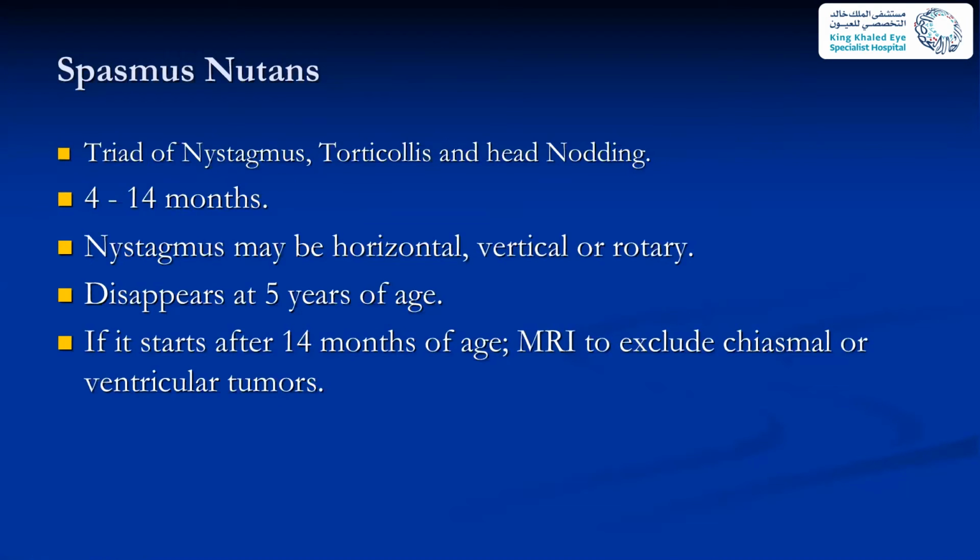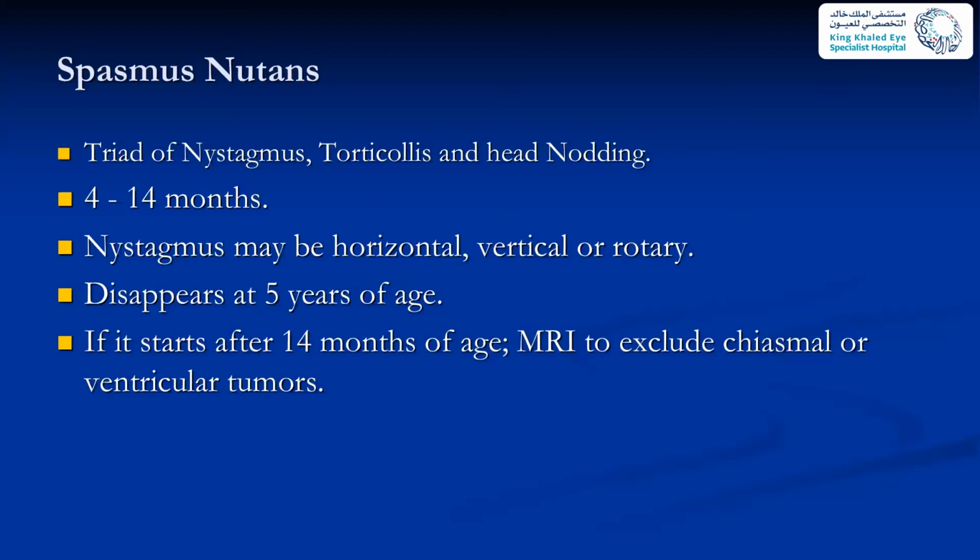There is another entity, sometimes hard to classify as acquired versus congenital nystagmus, which is Spasmus Nutans. Why? Because it might happen between 4 months and 14 months of life. But we have to know that it could, again, be secondary to an acquired cause, due to intracranial tumor.